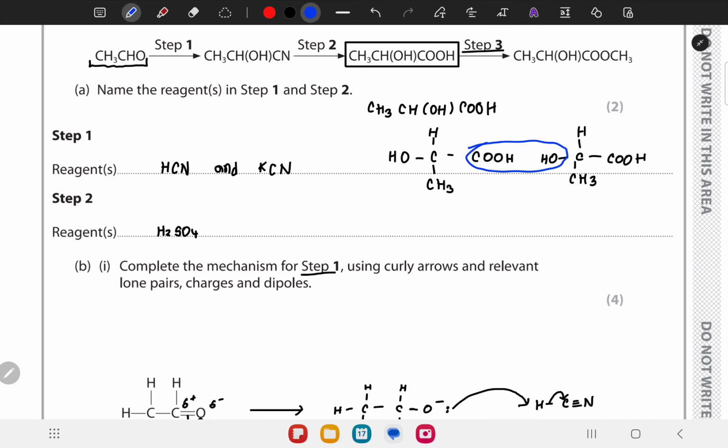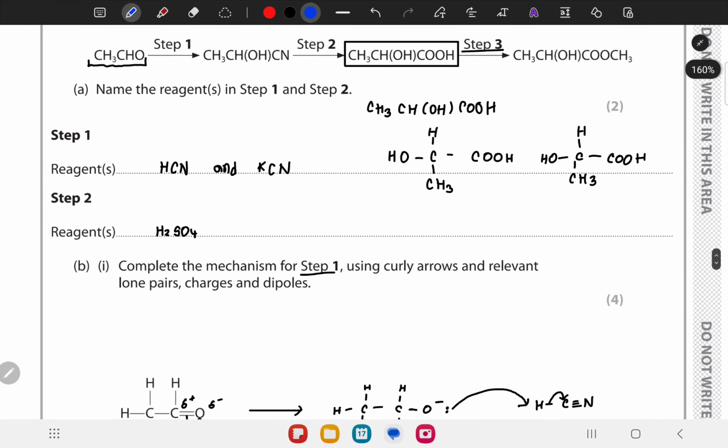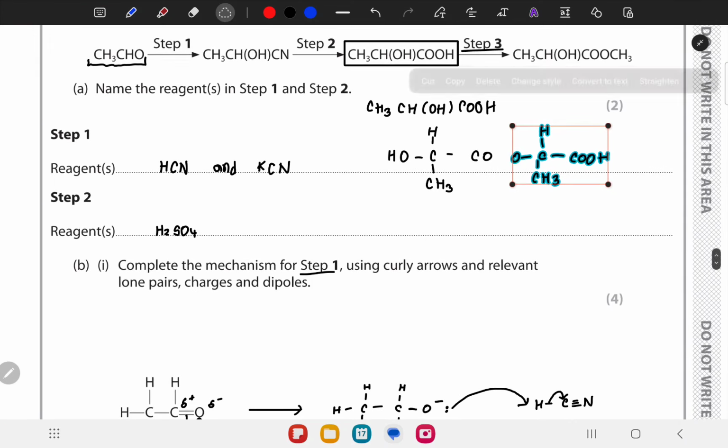This carboxylic acid could react with this alcohol group, so we'll have this hydrogen, so 2 hydrogen and 1 oxygen leaving, this joining together over here. So this is how it would repeat.